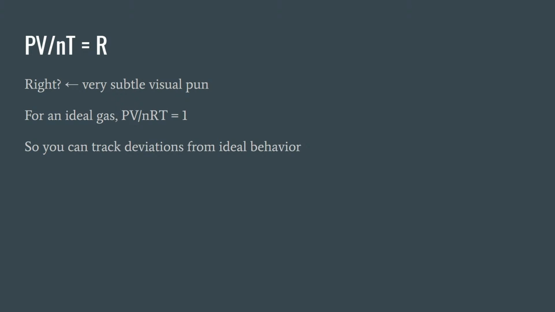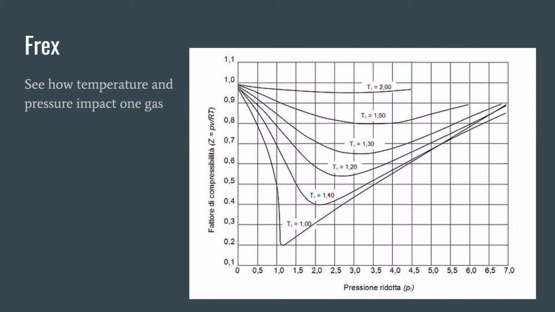PV over nT is equal to R. So for an ideal gas, PV over nRT is equal to 1, because PV equals nRT. And this is something that they use to track deviations from ideal behavior.